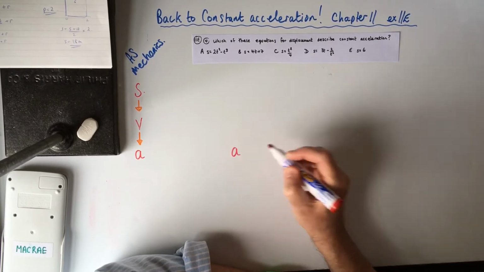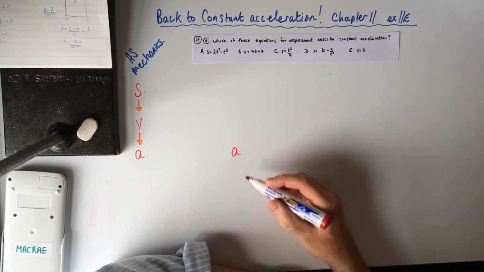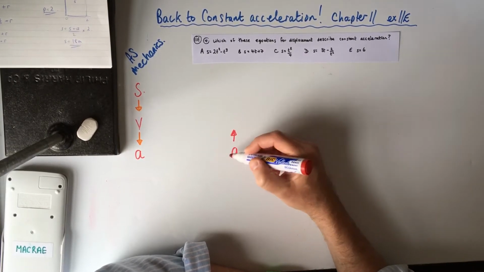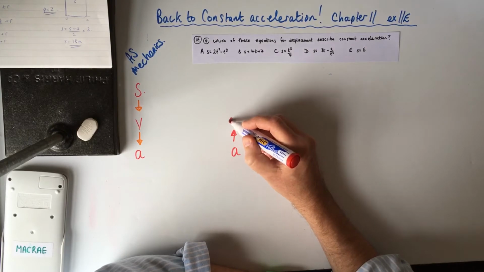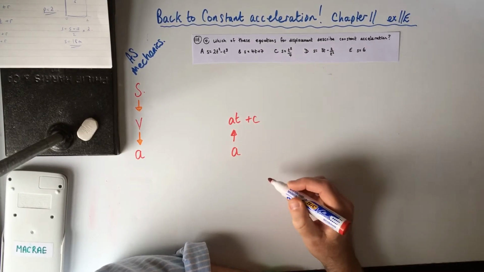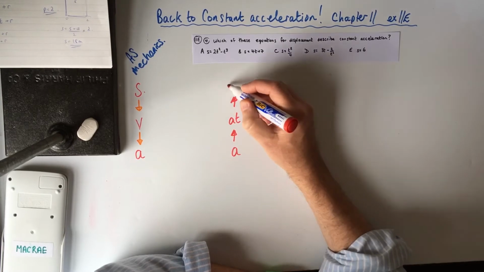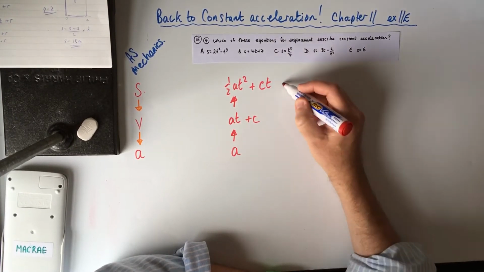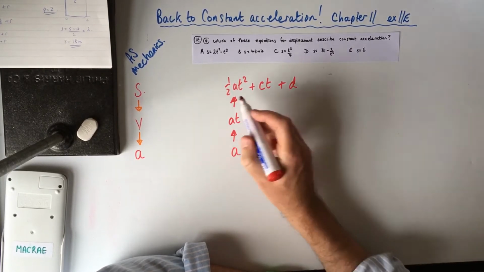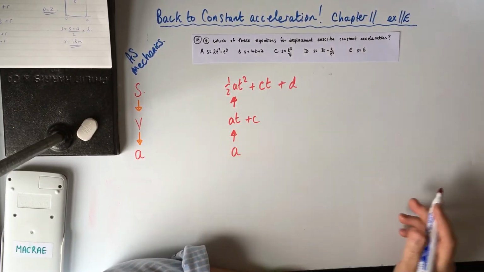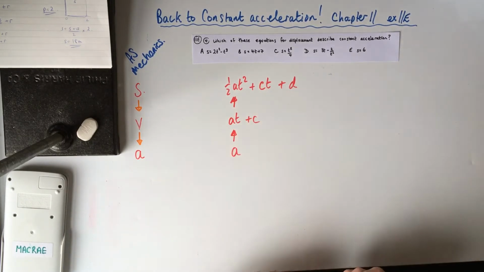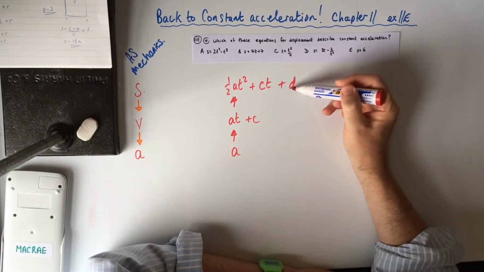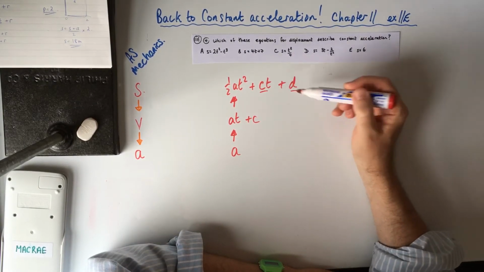If you think about what we've just done, if the acceleration is just a number, when you integrate it, it becomes at plus a constant. Then when you integrate it again, it becomes a half at squared plus that constant times t plus another constant. That's the formula s equals ut plus a half at squared, when we sort out our two constants here. But really, these constants, c and d, can obviously be 0.